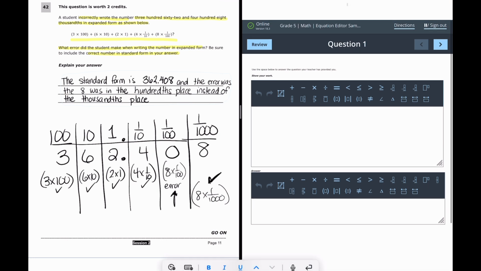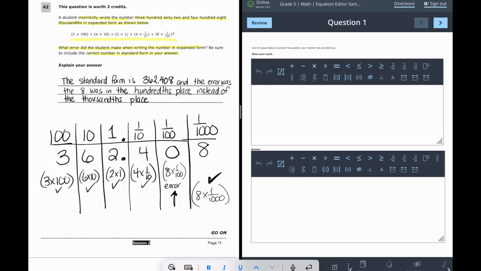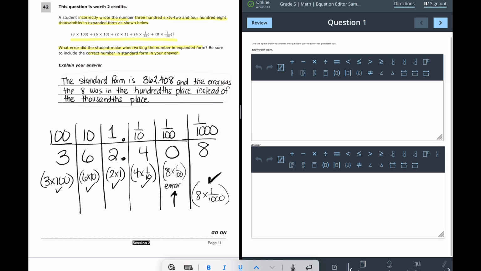I'm going to start putting in the explanation over here, and we're just going to start by typing the standard form is 362 and 408 thousandths. And then I have to say, be sure to include the answer.